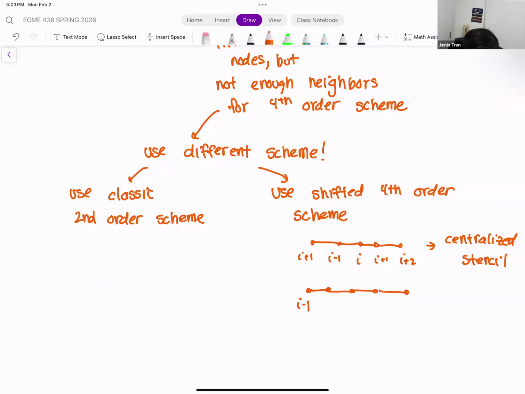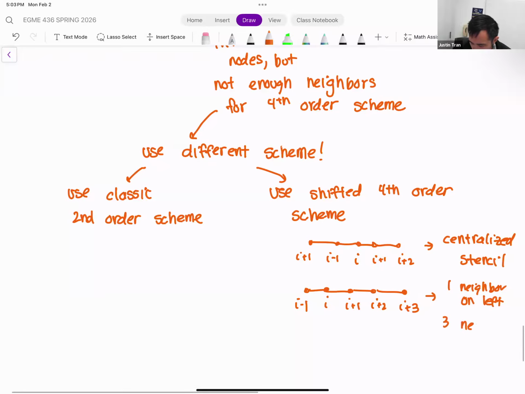Then we have only I minus 1, I plus 1, I plus 2, I plus 3, so that our finite difference scheme is a little bit more biased on one side versus the other. So with this scheme, we only need 1 neighbor to the left, but 3 neighbors on the right. Okay.